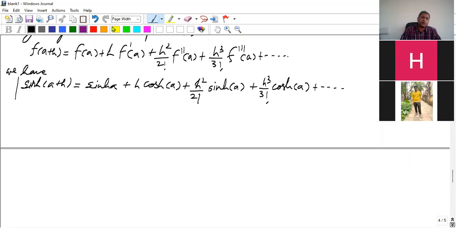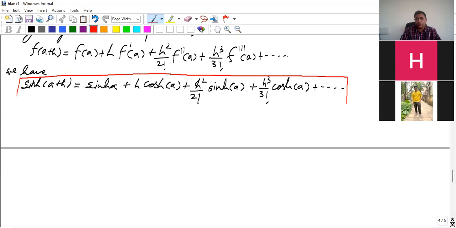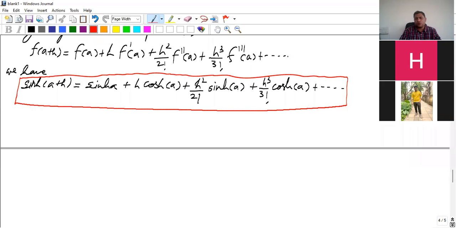This is the expansion that we wanted to find, so we got this expansion.